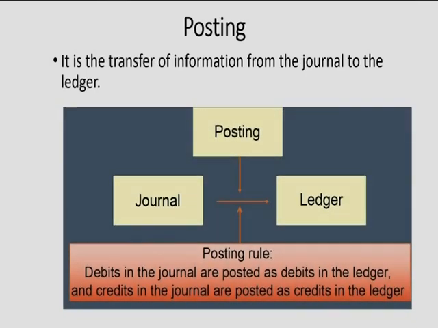Now posting happens from journal to ledger. So debits in the journal are posted in the debit side of the ledger, and the credits in the journal are posted as credits in the ledger. So this is very simple. If you have debits on journal, post it on the debit side of the ledger. If you have credits on the journal, post it on the credit side of the ledger.